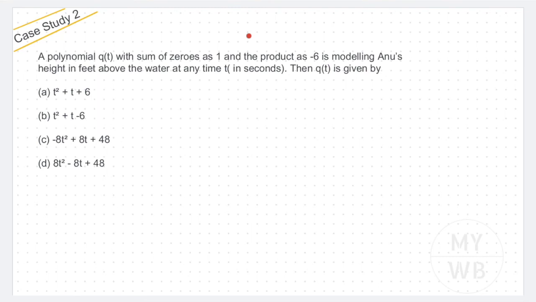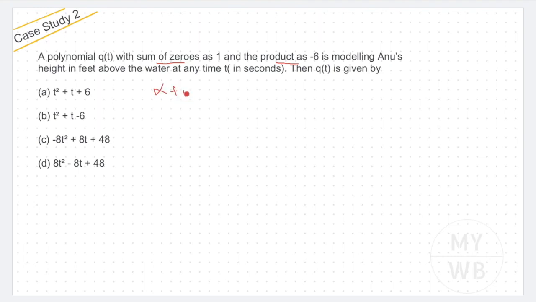A polynomial q of t with sum of zeros as 1 and the product as minus 6 is modeling Anu's height in feet above the water at any time t, then q of t is given by. So here we need to frame the quadratic polynomial. The sum of the zeros and the product of the zeros are given.